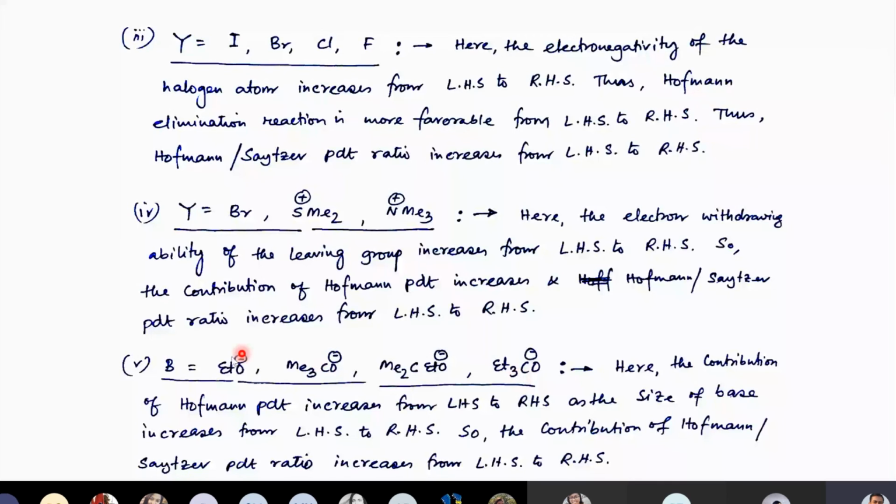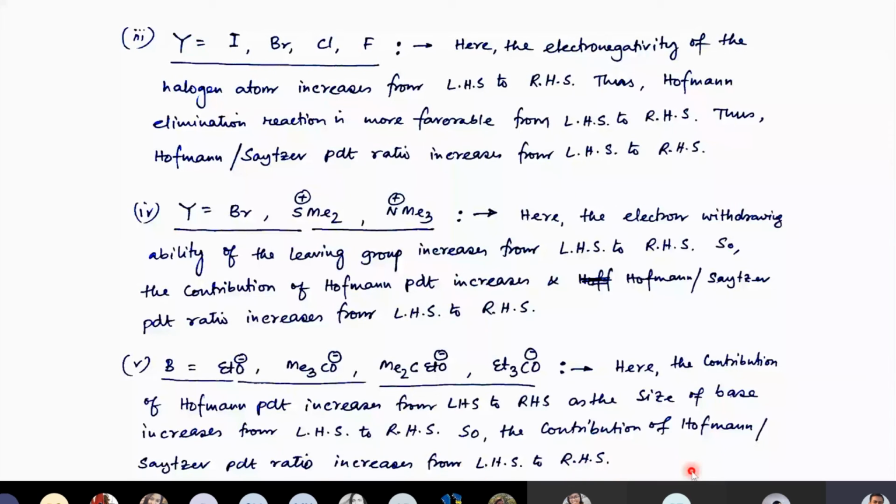So again, with increasing size of base, your Hofmann transition state will become more stable. So your Hofmann product will increase. So here the contribution of Hofmann product increases from left hand side to right hand side, as the size of base increases from left hand side to right hand side. So the Hofmann by Saytzeff product ratio increases from left hand side to right hand side.